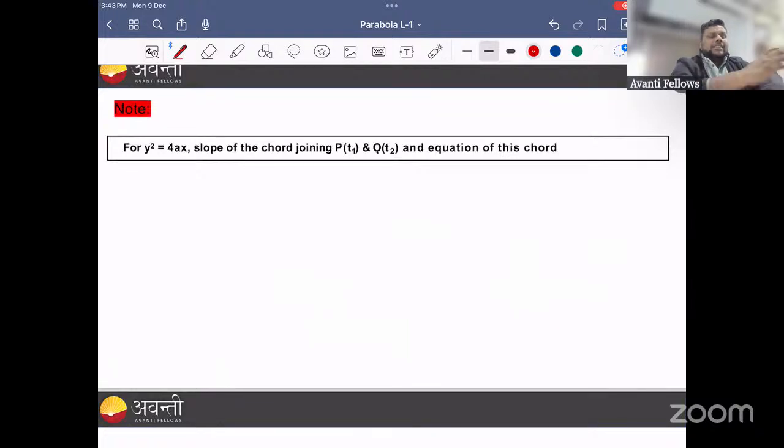Now, let's come to chord of the parabola. So what is the chord?